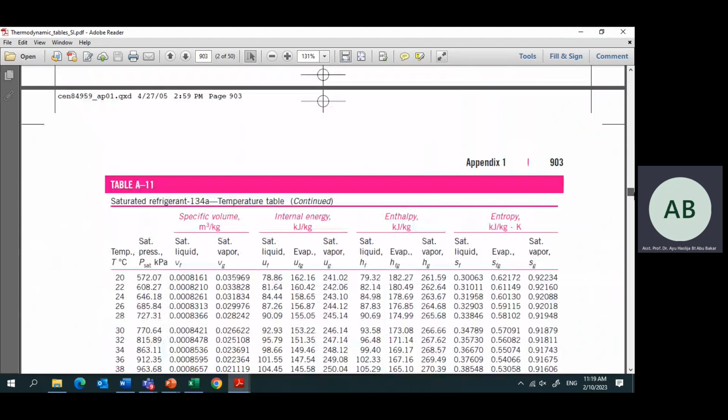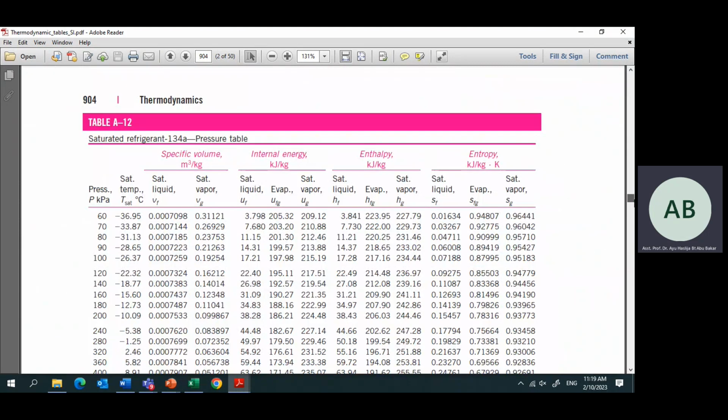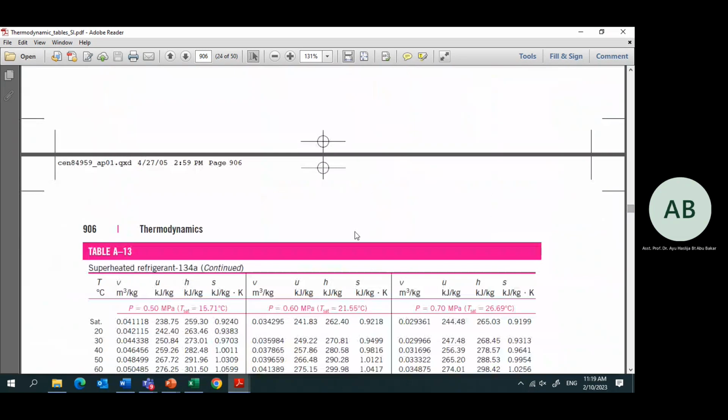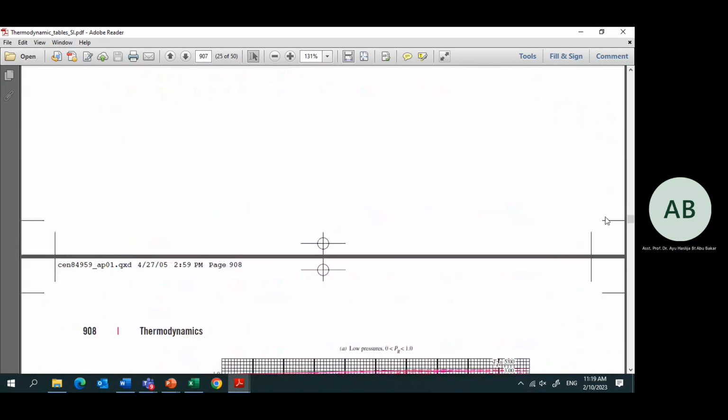Most of the time we'll be using tables from the appendix, the ideal gas tables.